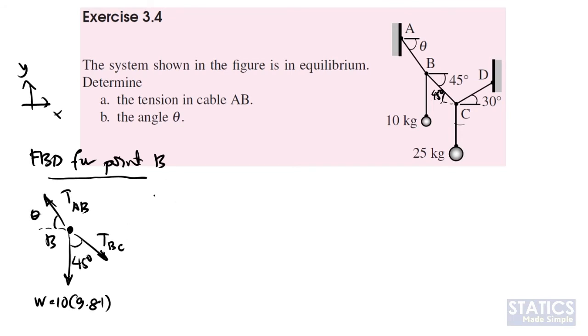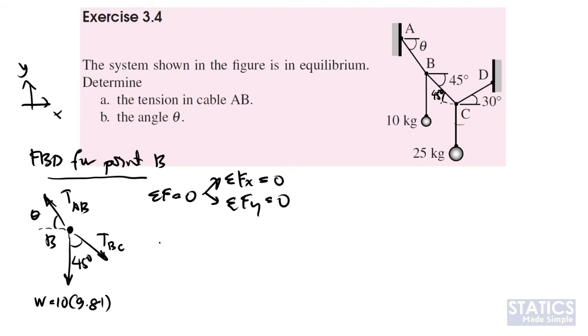Again, for equilibrium, summation of force along x equals 0 and summation of force along y equals 0. We can use the rectangular component method again, looking at x and y separately, and then solve the simultaneous equations.